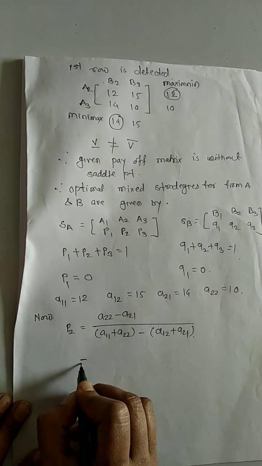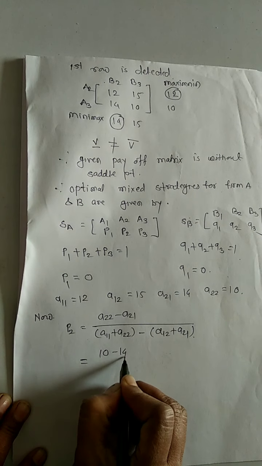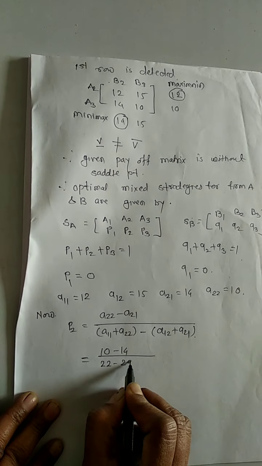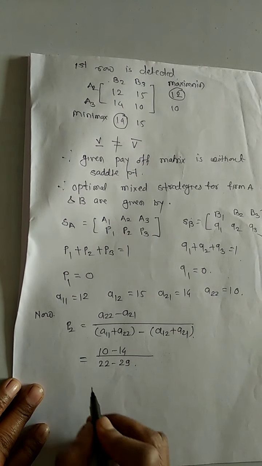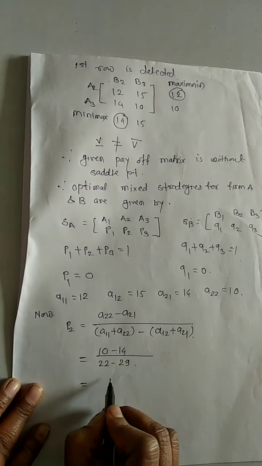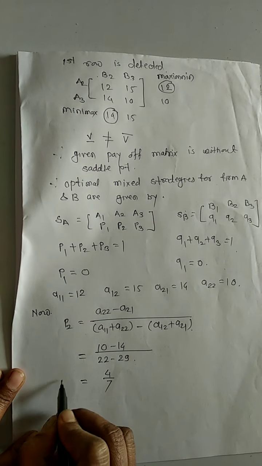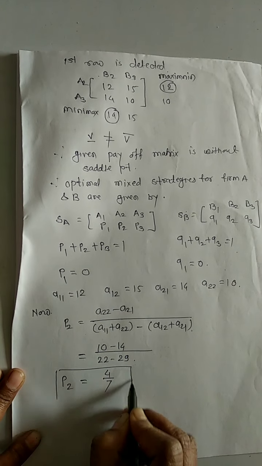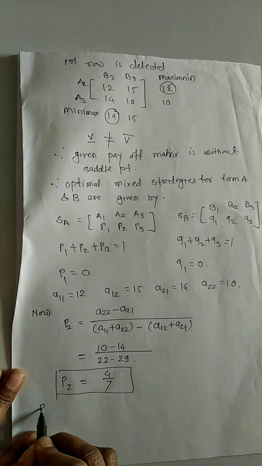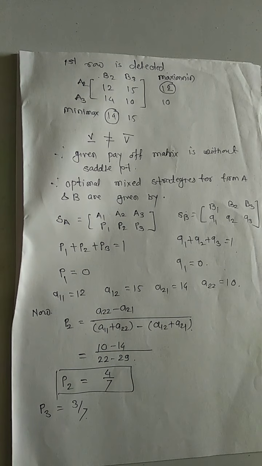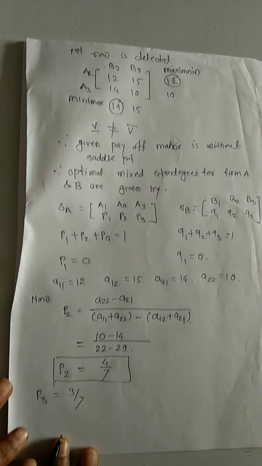Writing these values, 10 minus 14 upon 22 minus 29, that is equal to 4 by 7. Here P2 is equal to 4 by 7, then find P3: 1 minus 4 by 7, that is equal to 3 by 7.